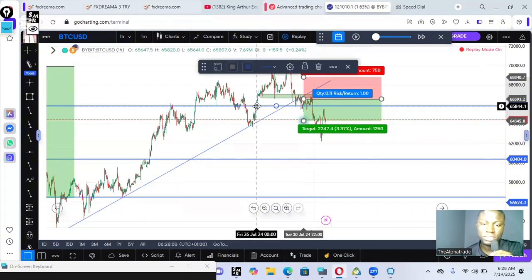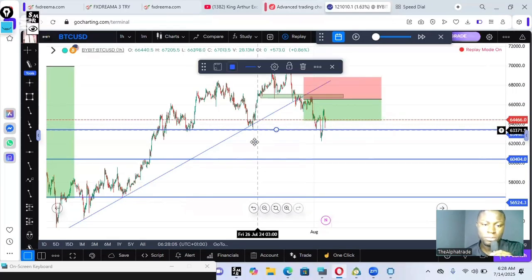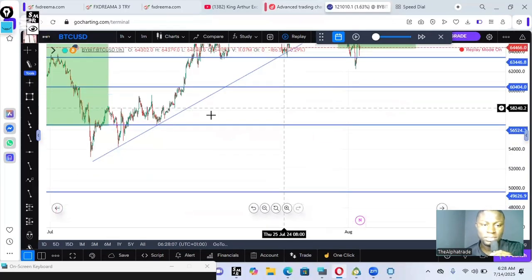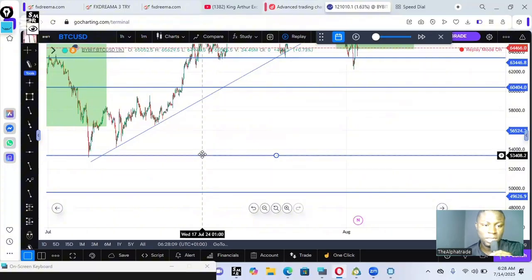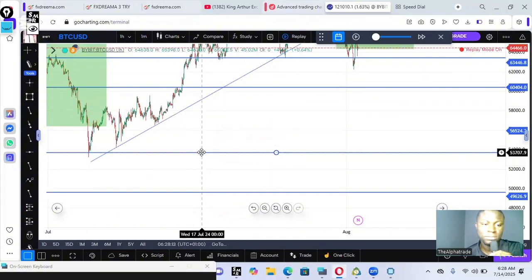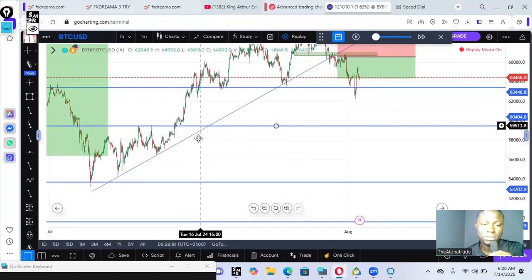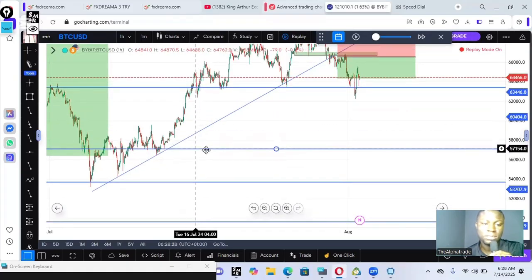By the way, this is where our first take profits will be, which has been smashed, and then this one here is our last take profit. This is our second take profit right here.